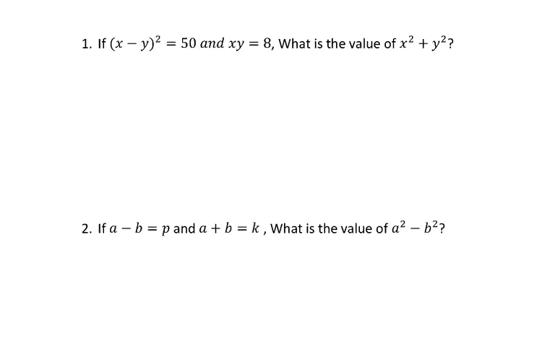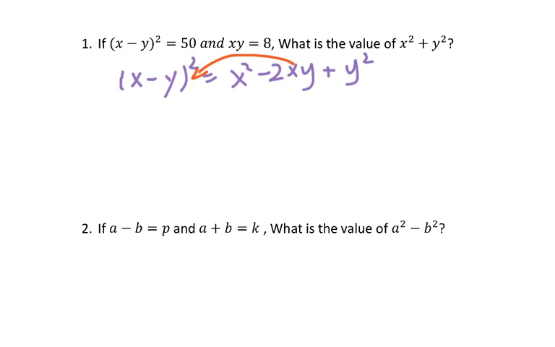Okay, so for number 1, if (x minus y) squared equals 50 and xy equals 8, what's the value of x squared plus y squared? We're using (x minus y) squared, which gives x squared minus 2xy plus y squared. Therefore, I add 2xy to both sides.